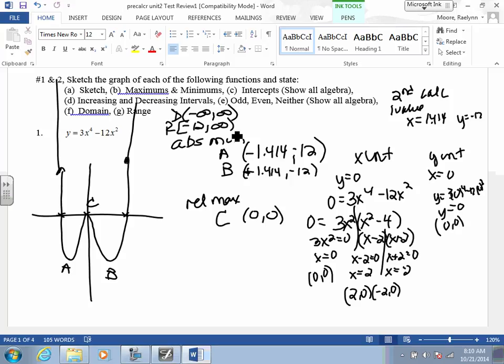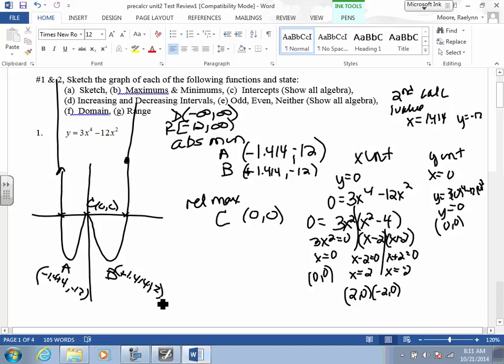Increasing, decreasing, go off your x values. So if it helps you, put your points out here. And positive 1.414. Okay, so this is coming down, down, down.